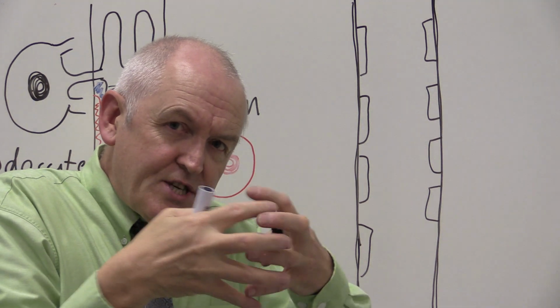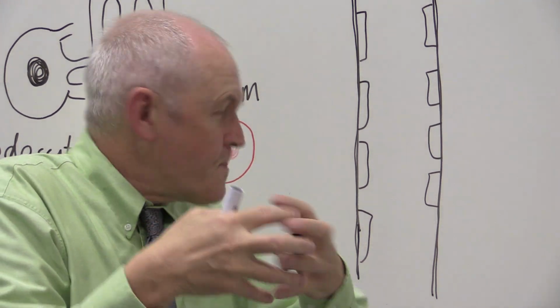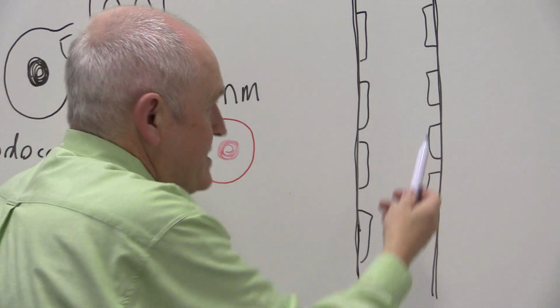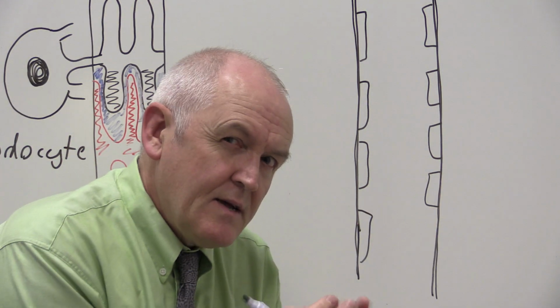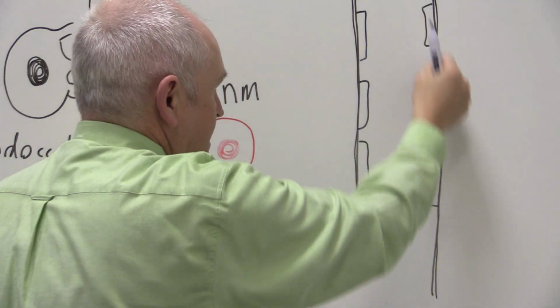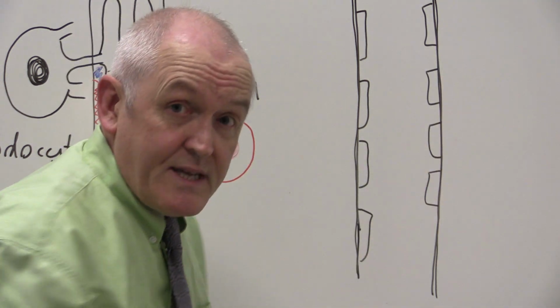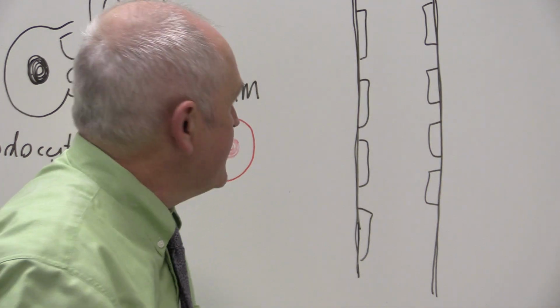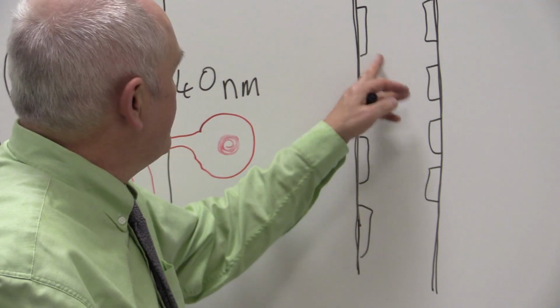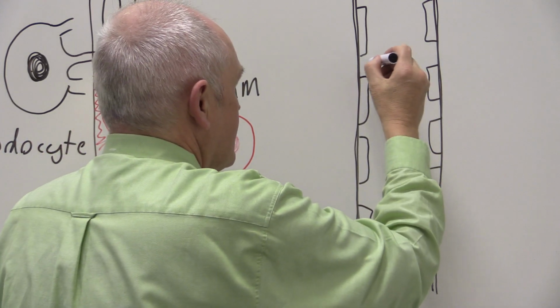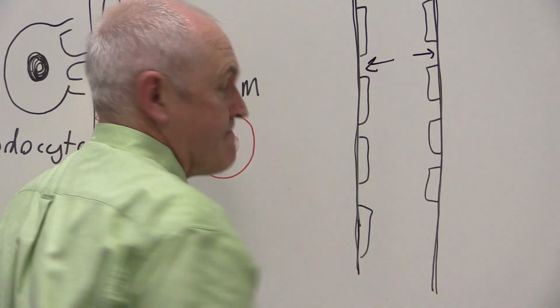There are projections from the main body of the cell, and that means that between the gaps in the components of the endothelial cells, there's going to be these small gaps here, the fenestrations.